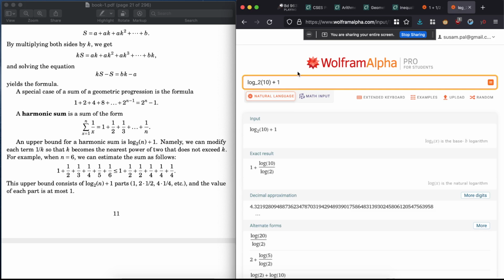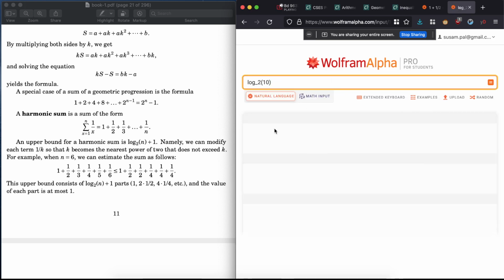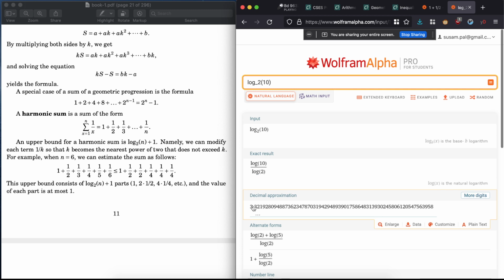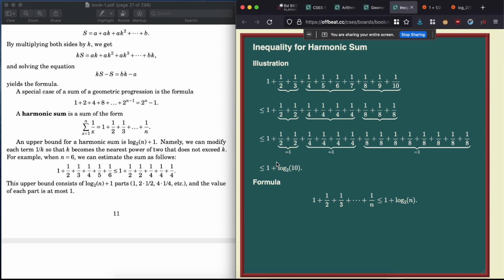And in fact, let me just show the exact number in case that helps with the imagination. 2 to the 3.32 is 10. So like I said, it will be 3 point something, and 3 point something is representing these groups that we have encountered so far, and this plus 1 is to make sure there's no error.